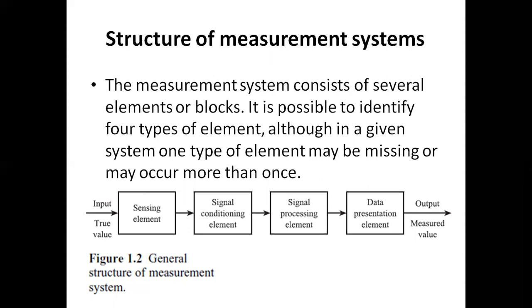And it's possible to identify 4 types of blocks in a measurement system. And this diagram here shows the 4 blocks. We start with the variable or the parameter that we are interested in measuring, the input. Could be temperature, it could be pressure, it could be anything.